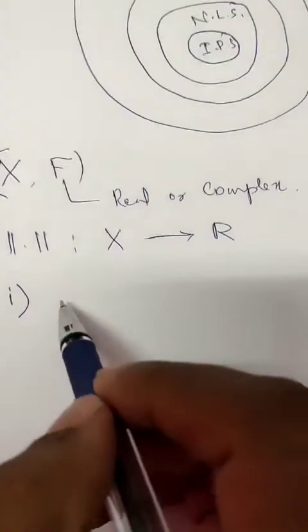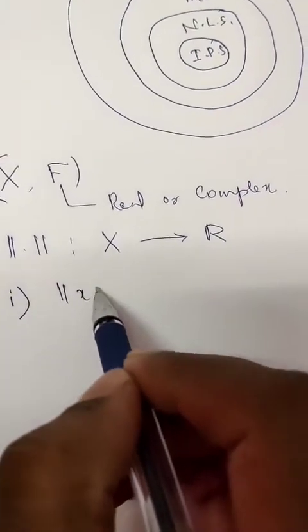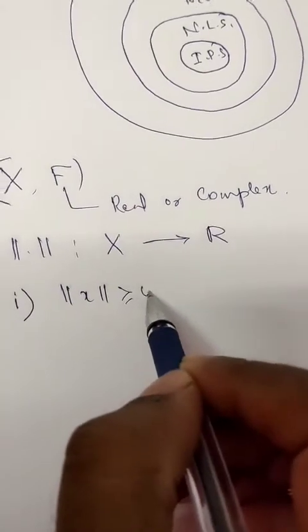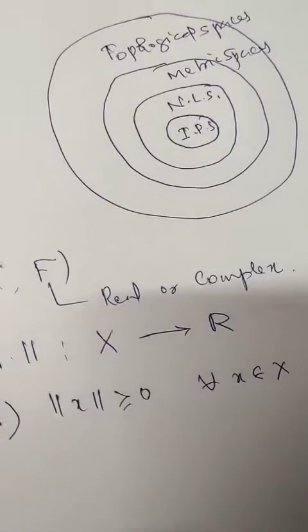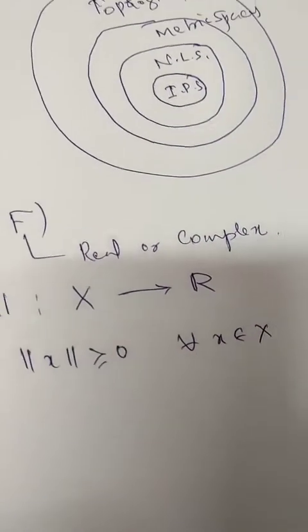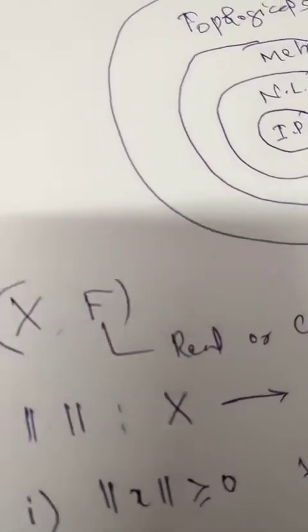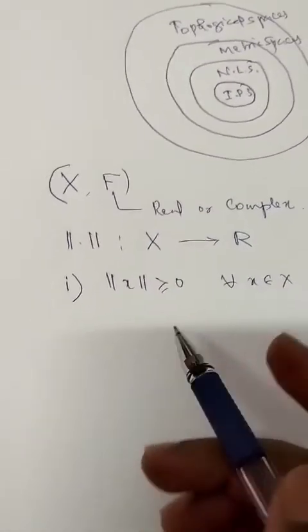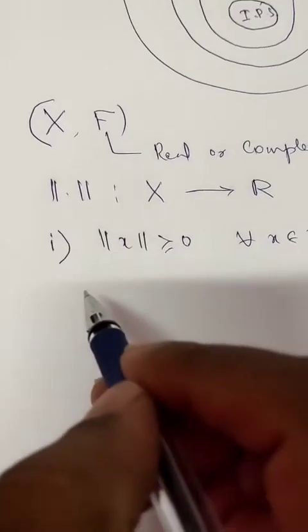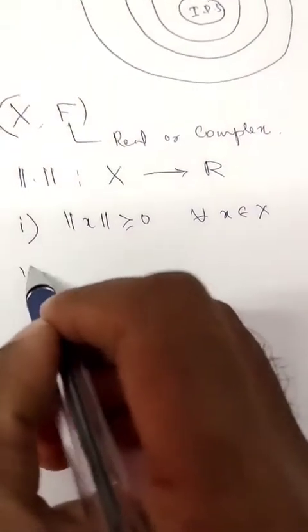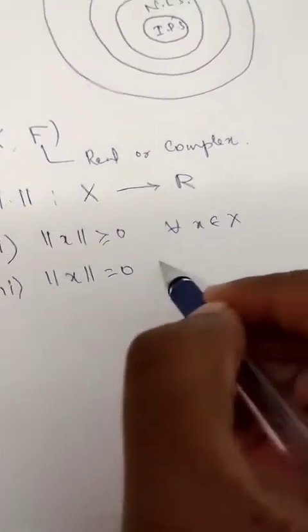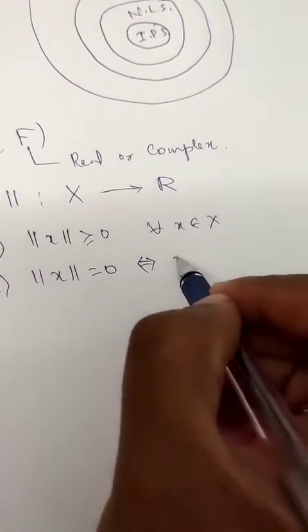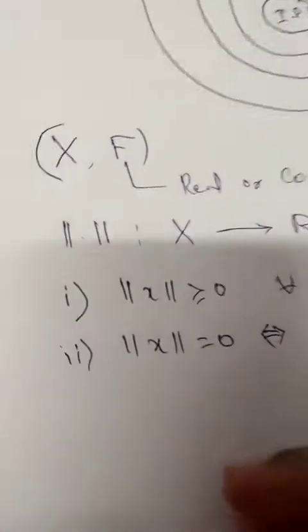First, the norm is always a non-negative quantity for every x belonging to X. The second one is: norm of x is 0 if and only if x itself is 0.